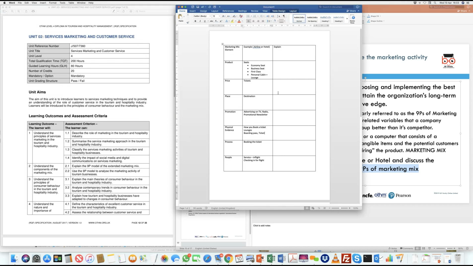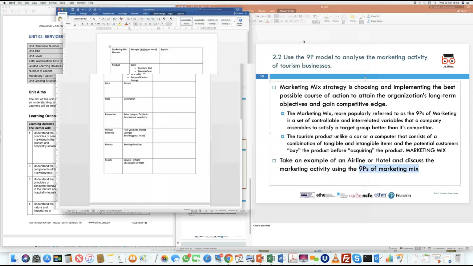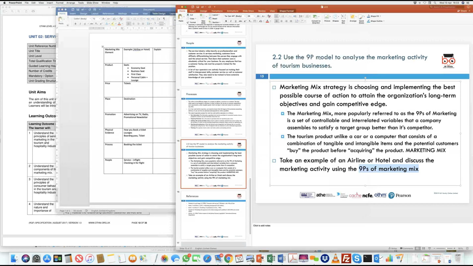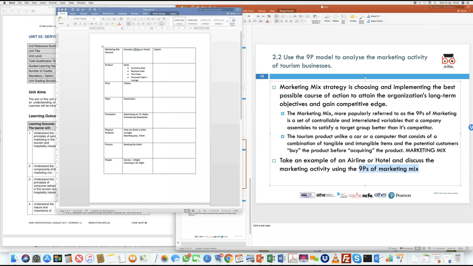So if you use this as an example, maybe in a tabular format, it will help you cover the use of the 9Ps model to analyze the marketing activity of a tourism business. Here you have to pick a business. I've put in an airline, but I've said an airline or a hotel.